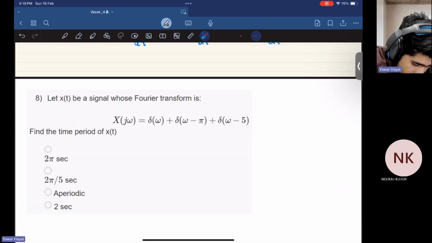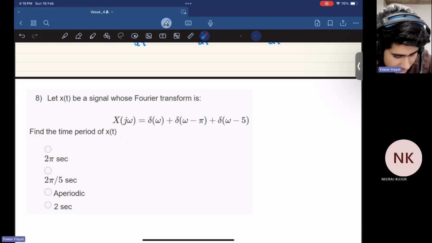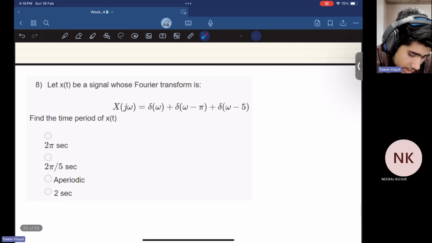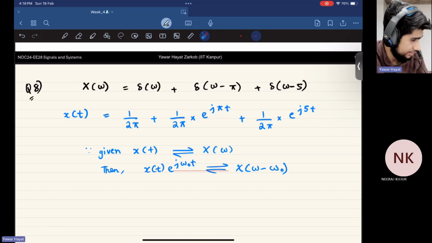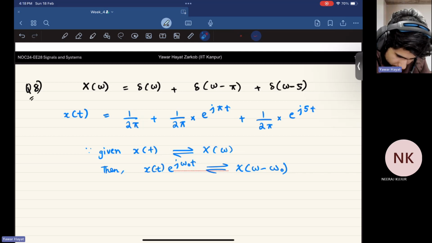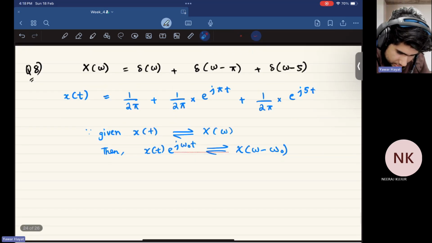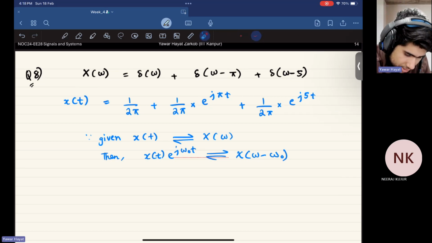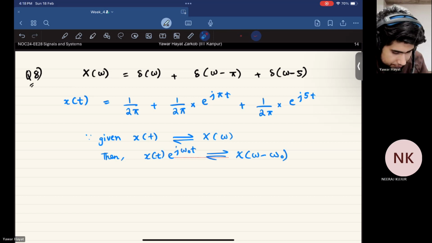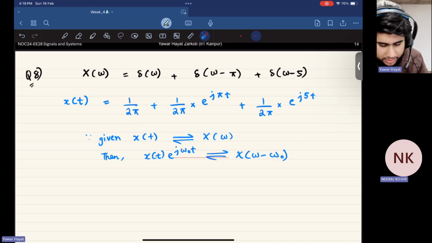There were two parts in the question. The final part was to compute the time period of this resulting signal x of t. So what should be the time period? What about this one? This is a mere constant, right?